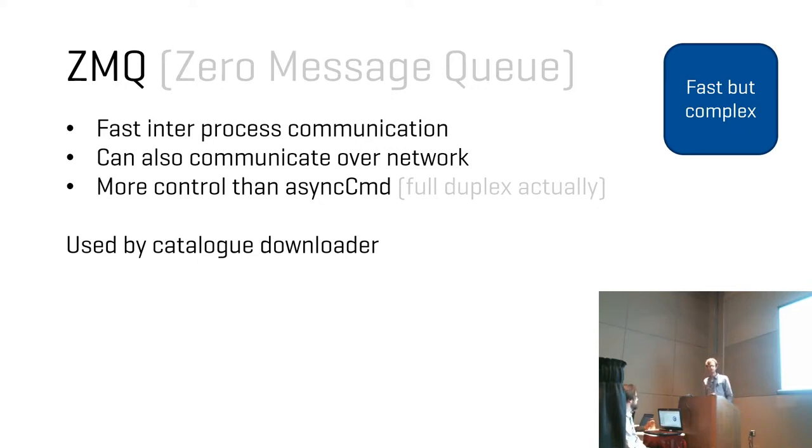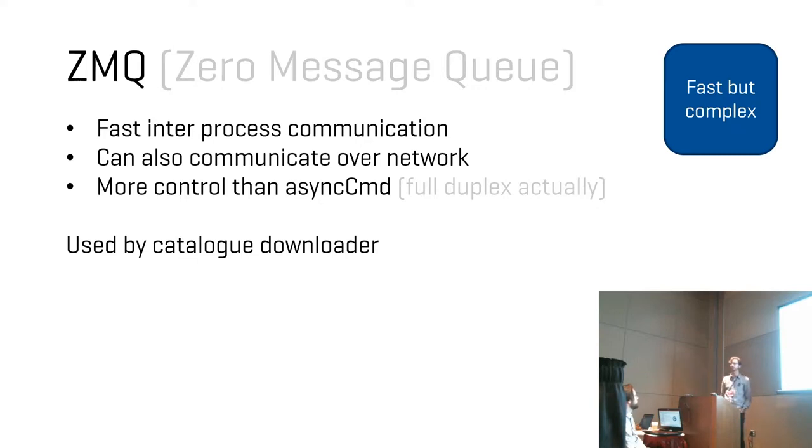This is used for the catalog downloader, which is used on every end-user machine, where the products are being downloaded on the fly. And I think we have a pretty advanced implementation of it for the catalog system. But it is pretty much work, I would say, to set it up correctly.